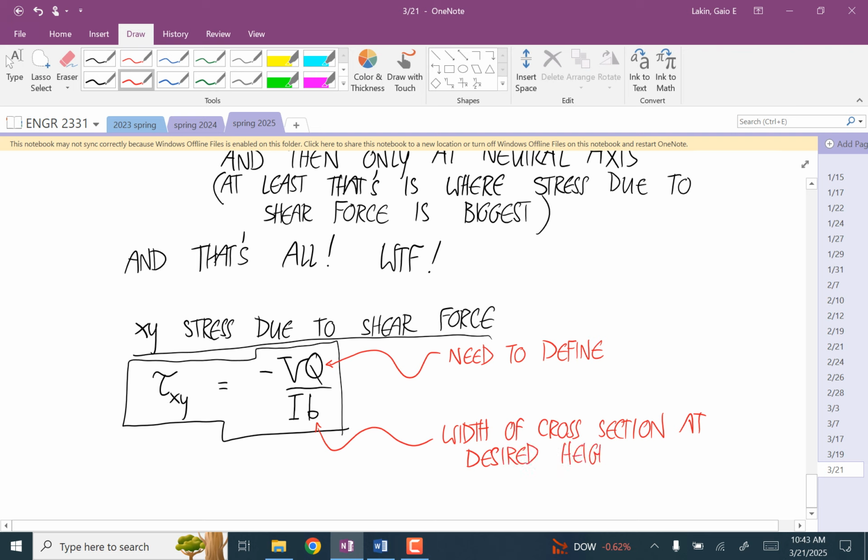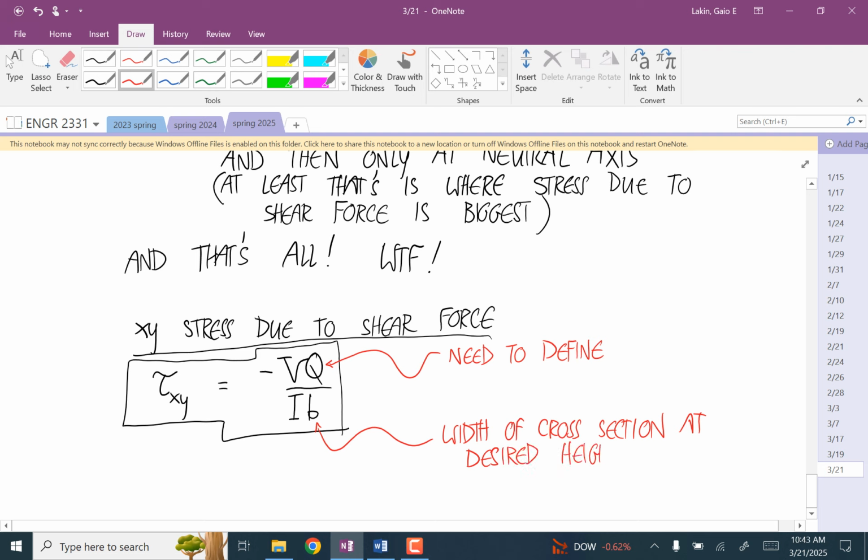And I is the area moment of inertia. Okay, so before we can do calculations, we have everything already that we need except that Q. So I have to tell you what that is. It's something like the third area moment or something, but I'm just going to call it Q.